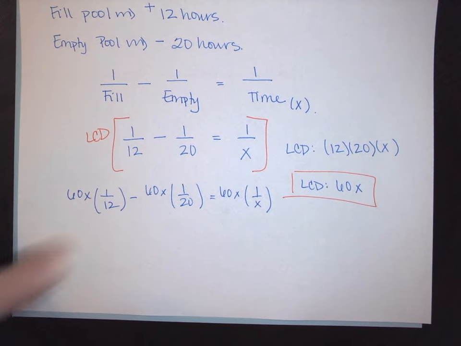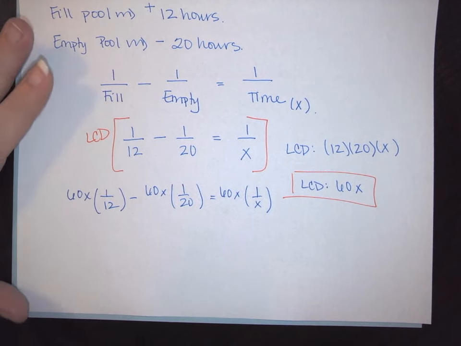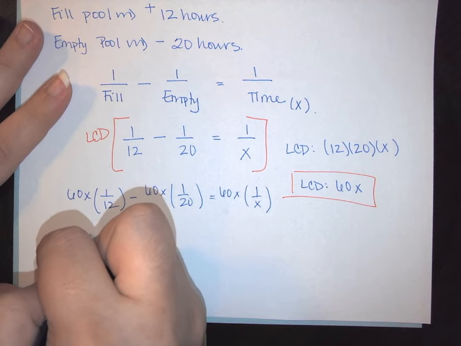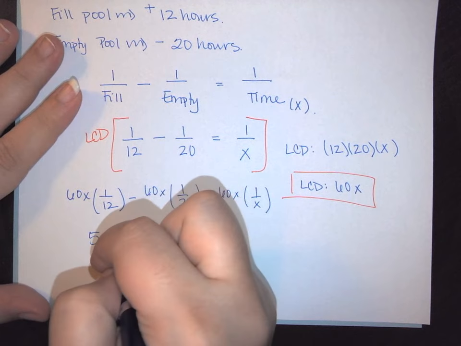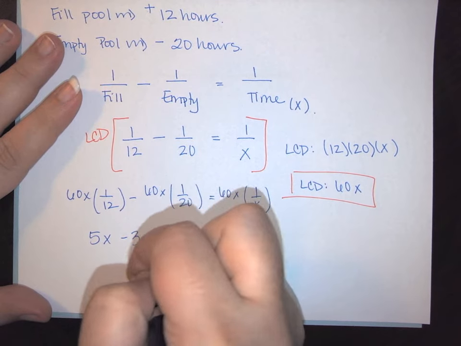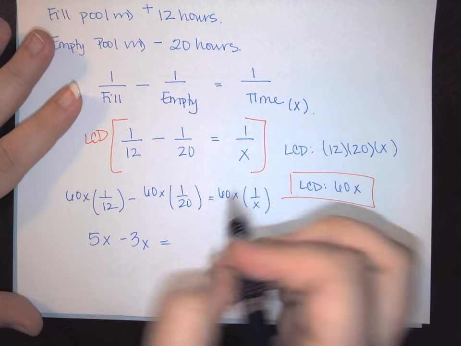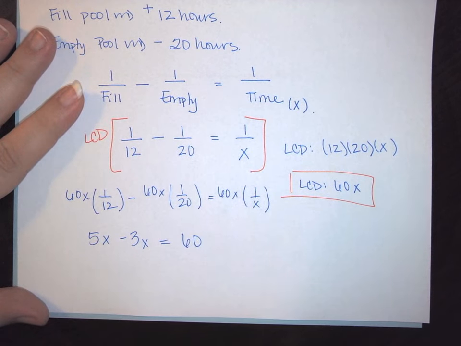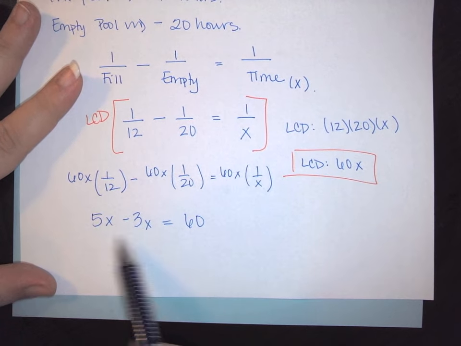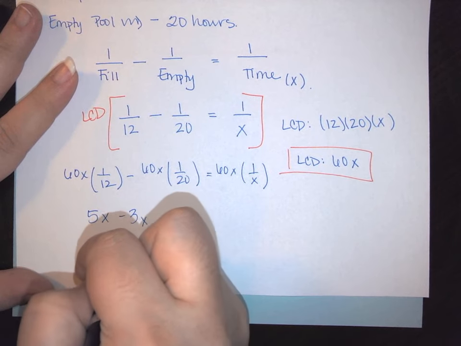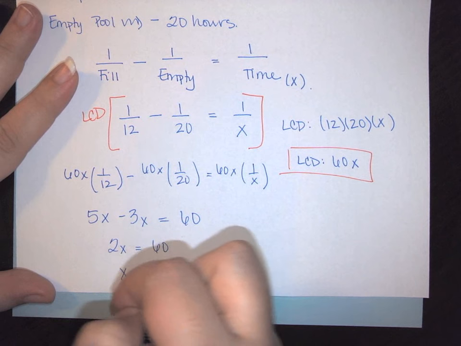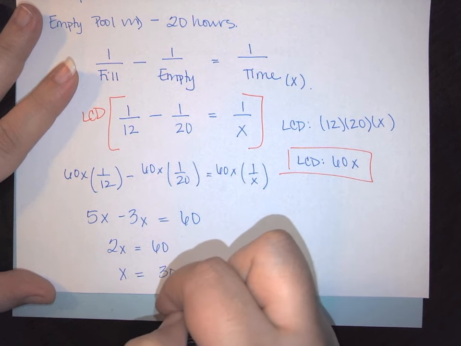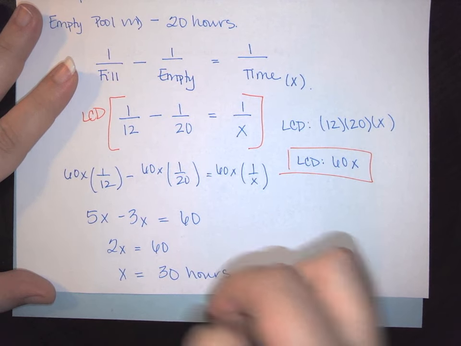If we look, 60 over 12 reduces down to 5, so this gives me a 5x. Then I have 60 over 20, which gives me a 3x. And then my x's go away and leave me with 60. 5x minus 3x gives me 2x equals 60. So x here is going to equal 30, and this is hours.